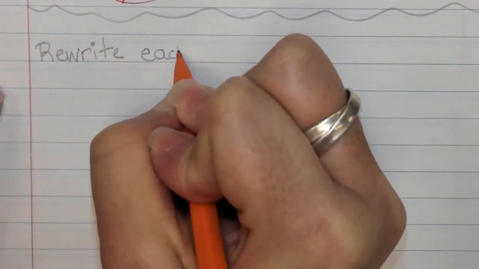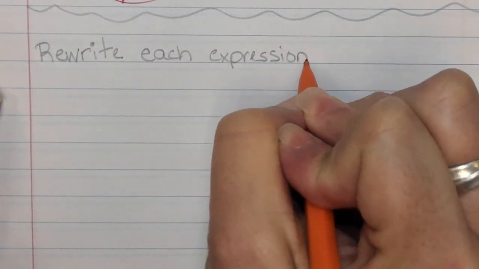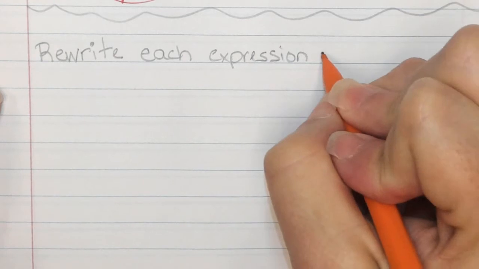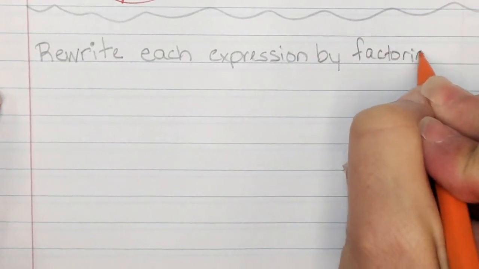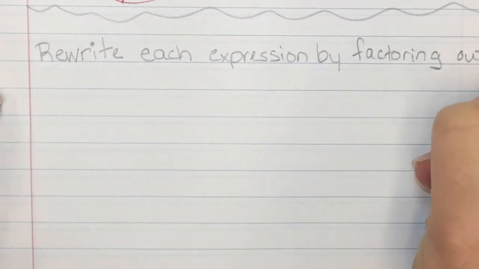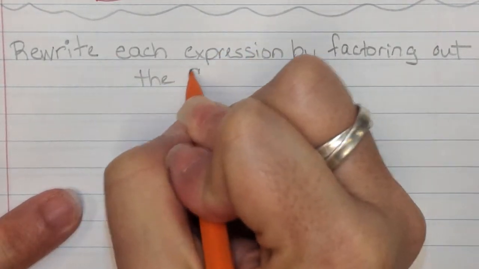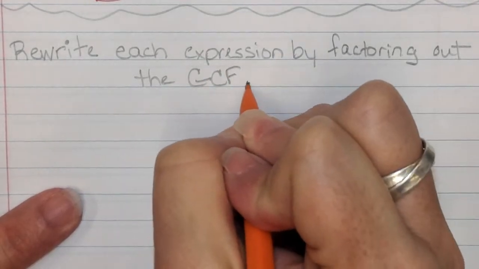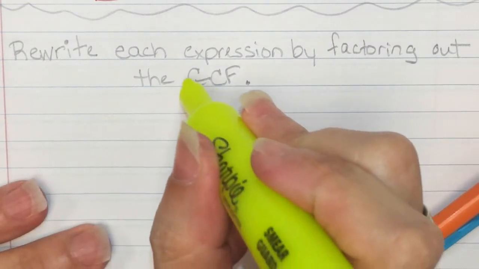Rewrite each expression by factoring out the GCF. Okay. Keyword here is GCF.